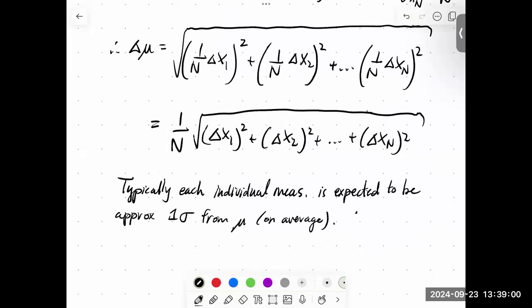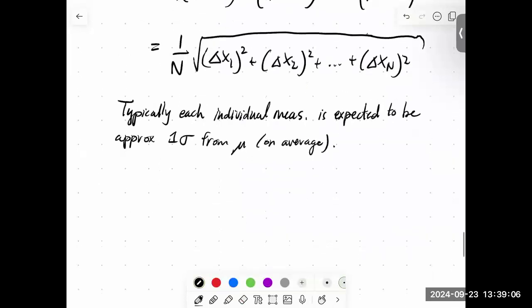And so therefore, it must be the case that delta x1 is about equal to delta x2, which is about equal to all the way up to delta xn. And these are all about equal to sigma, or the standard deviation.